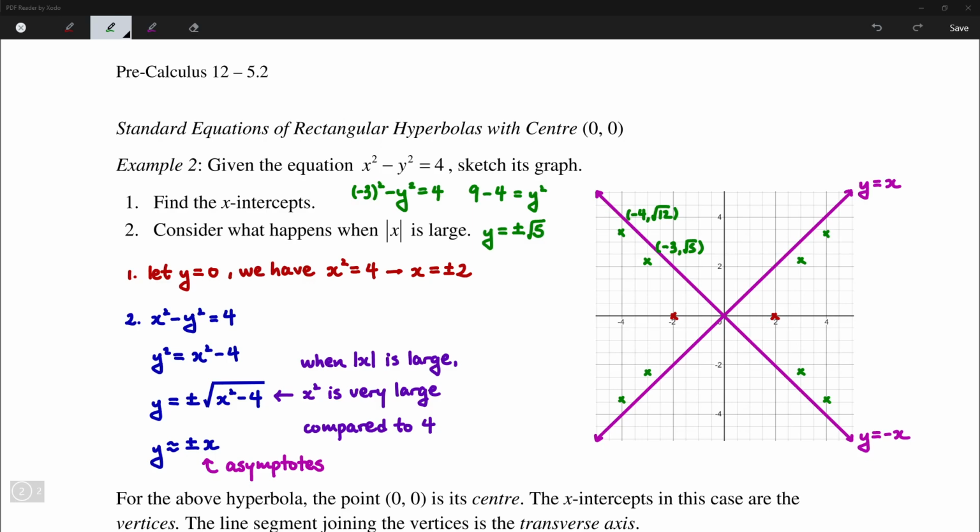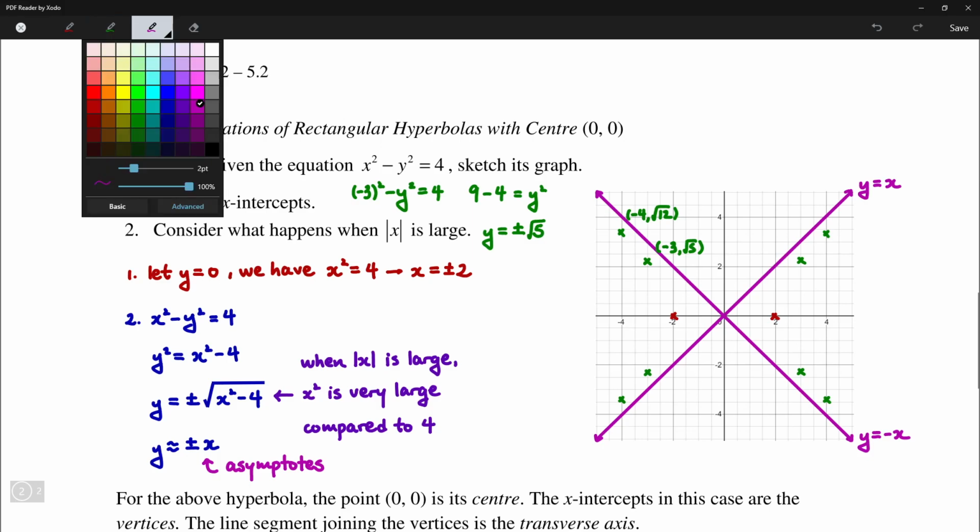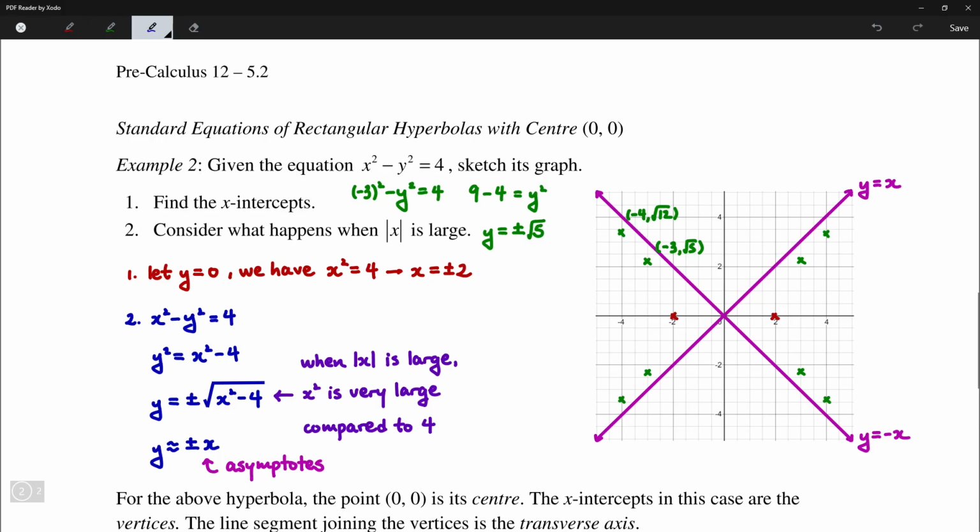Okay, so now what we can do, of course, is draw a curve through the points. So something that looks like this. Of course, the curve will approach the asymptote as x approaches negative infinity on the left-hand side. Likewise, when x is approaching infinity on the right-hand side.